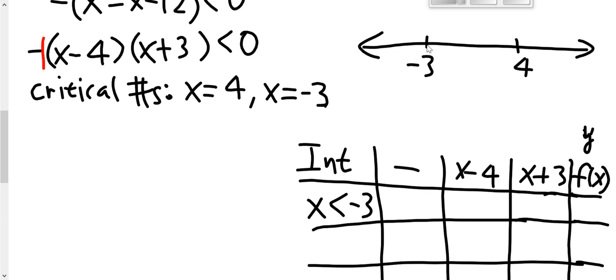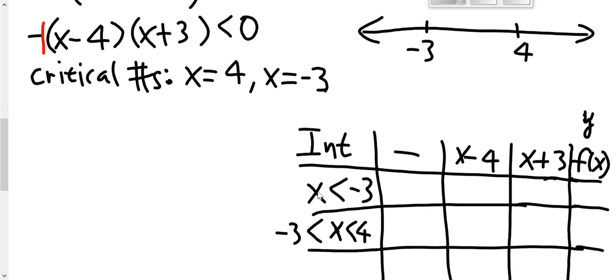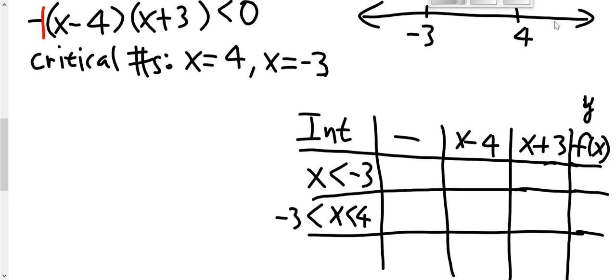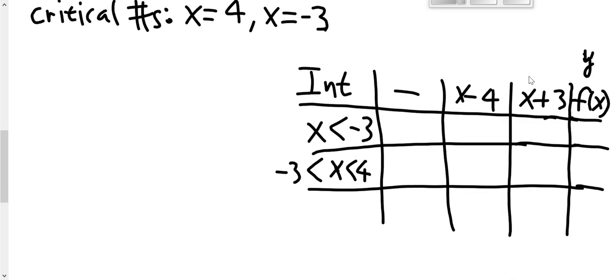The next region is between -3 and 4: x is less than 4 but greater than -3. Again, no equal component here. Last but not least, anything greater than 4 here, so x is greater than 4.